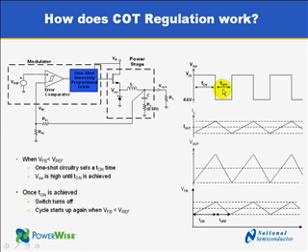Now let's look at the off time. Once the on time is terminated, the MOSFET switches off and the switch node reaches its low level. During the off time, the inductor current is falling. The voltage at the output capacitor is falling as well.